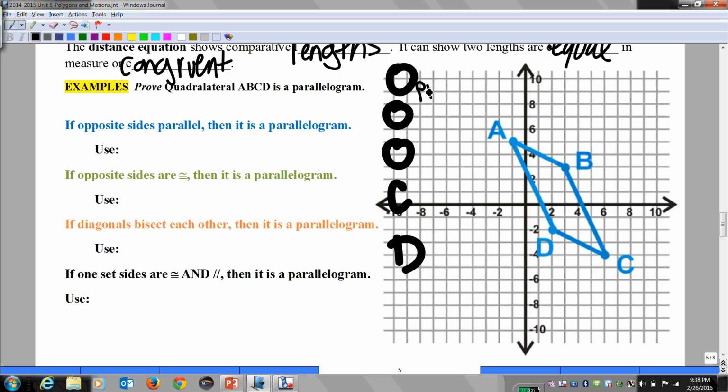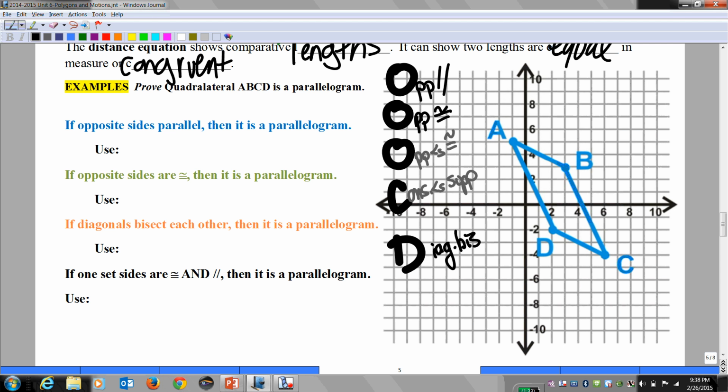And we get opposite sides which are parallel, opposite sides which are congruent, opposite angles which are congruent, consecutive angles are supplementary, and diagonals bisect. Those are the 5 main qualities of a parallelogram. If you can prove any one of those, you know you have a parallelogram.